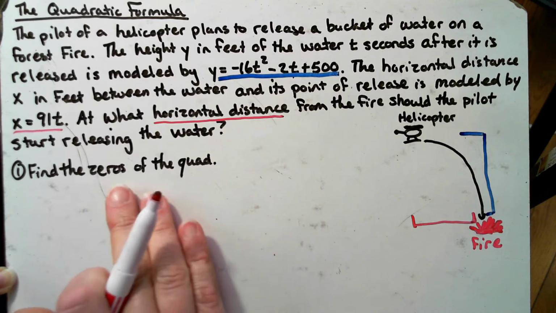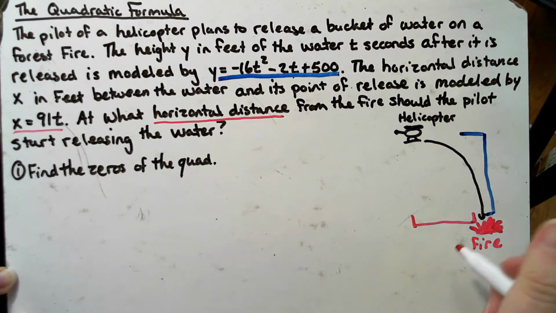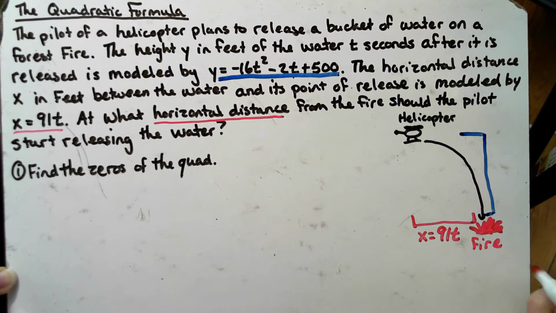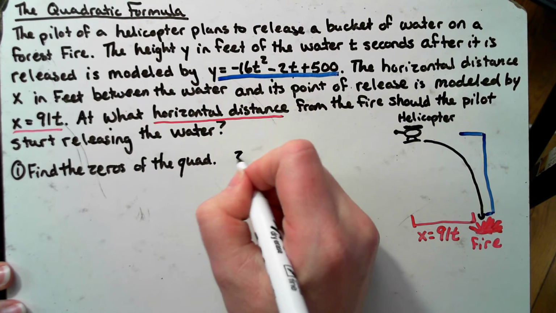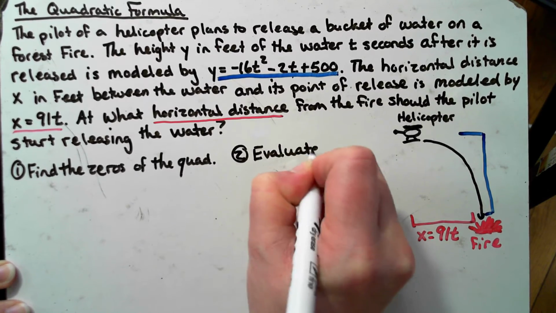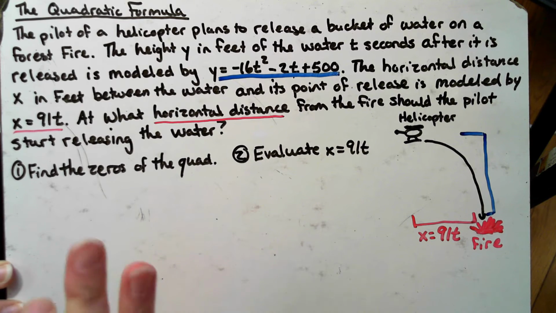So once I get a zero, a time value from this, I need to put it in to x equals 91t. So that's our second step. Okay, so that's how we're going to solve this.